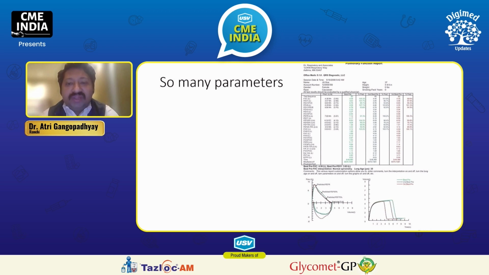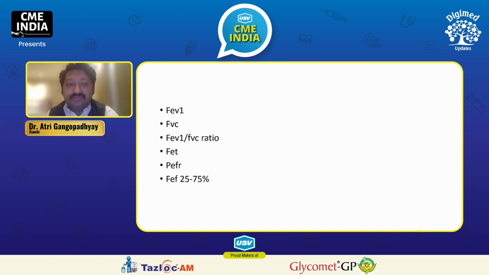So when you meet any sales company tomorrow, and if they talk to you about 20 readings, 25 readings in one report, they are of no use. They are just to confuse you. So what is needed? FEV1, forced expiratory volume in the first second.